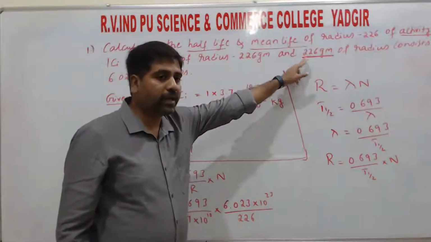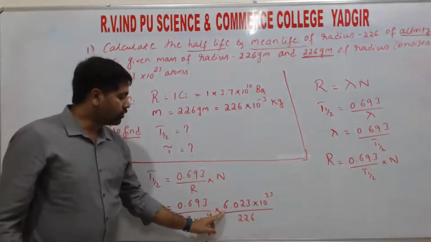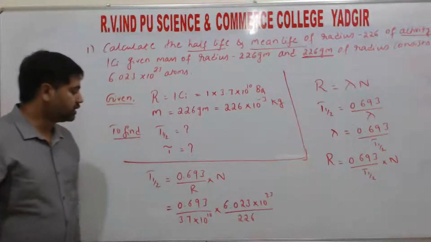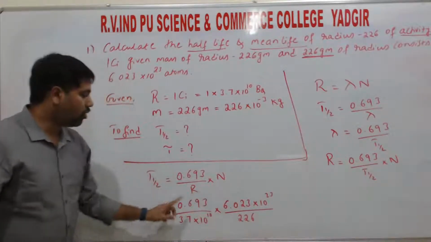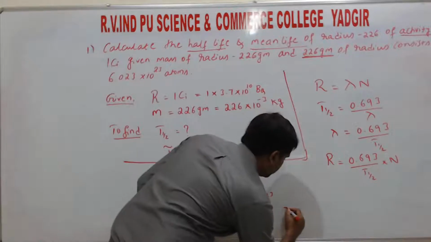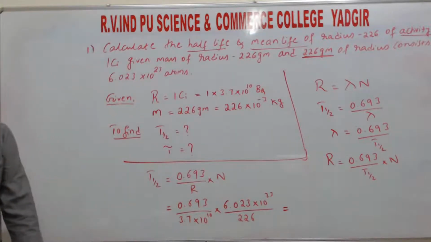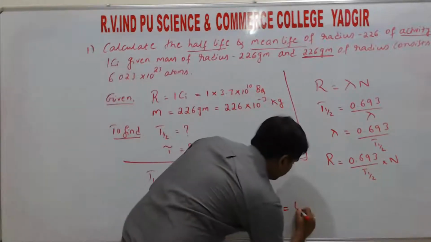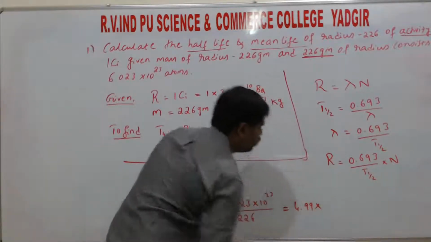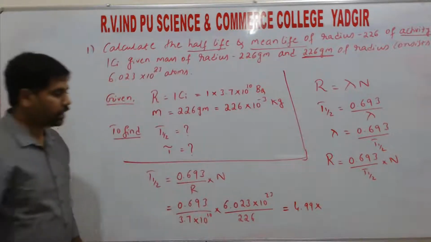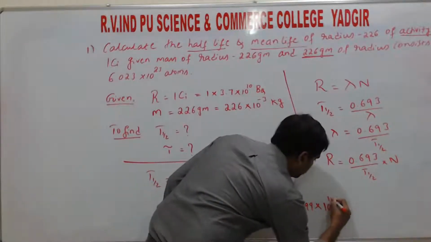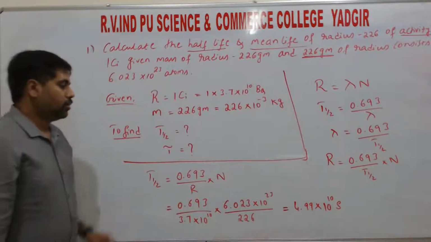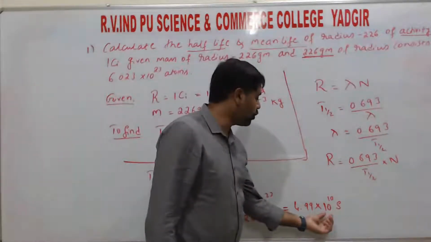So the number of nuclei present, the N value, is 6.023 into 10 to the power of 23 divided by 226, right? If we simplify all these values, we get T half equal to 4.99 into 10 to the power of 10 second.